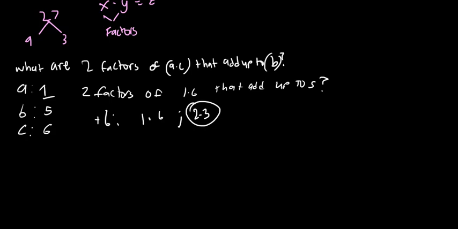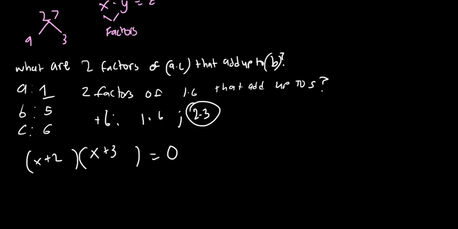Now, here's how it works. What we do is we make two sets of parentheses and set that equal to 0. We say x plus 2, so x, the variable, plus the first number. And then in the second set, x plus the second number, so x plus 3.